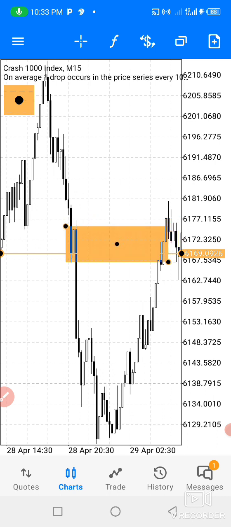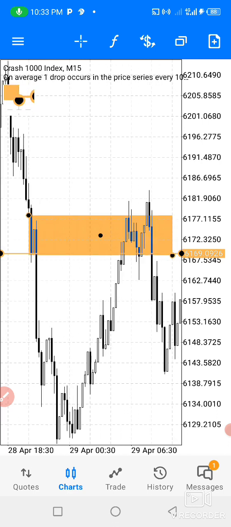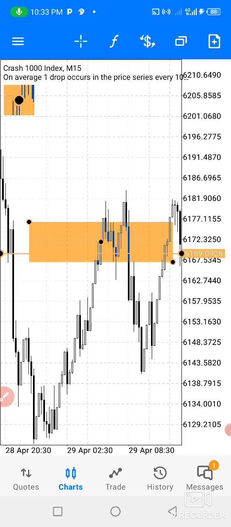So you look for the last bullish candle that caused this structural level to be broken. So this is the candle. Then you wait for price to come and play inside here. The best way to enter is if there is a change of character.